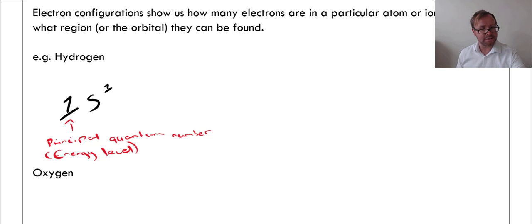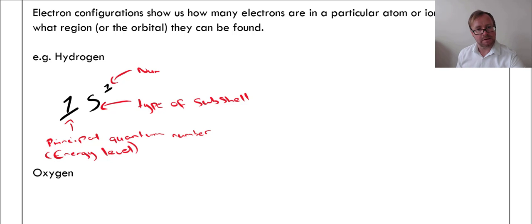The S tells me the type of subshell, and the 1 is the number of electrons that are contained within this subshell.